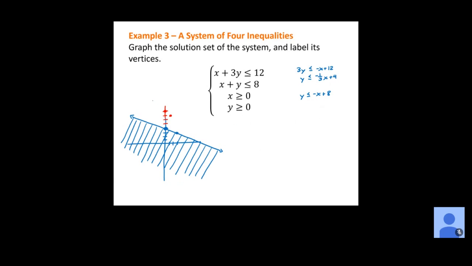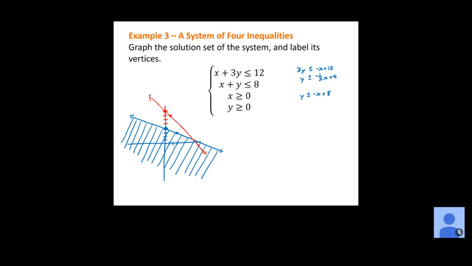So now I'm going to sketch this line. Again, it's going to be a solid line because of the less than or equal to. Solid line that goes through these 2 points here. Something like that.